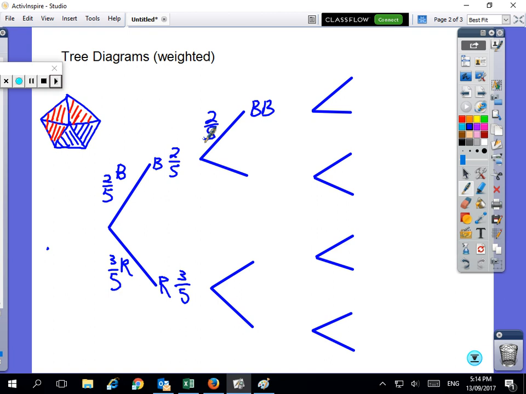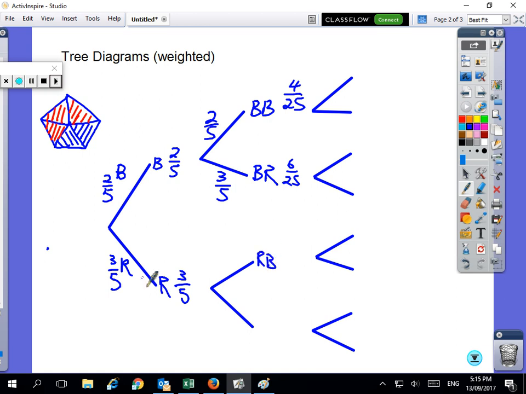So 2 on 5 times 2 on 5 makes 4 on 25, and again, use your calculator, just multiply along the branches. To get blue, then red, well, I've got a 2 on 5, and then a 3 on 5. I multiply those together and I get 6 on 25. And you just work your way through, making sure that if I've gone red and then I've gone blue, then that would be red, then blue.